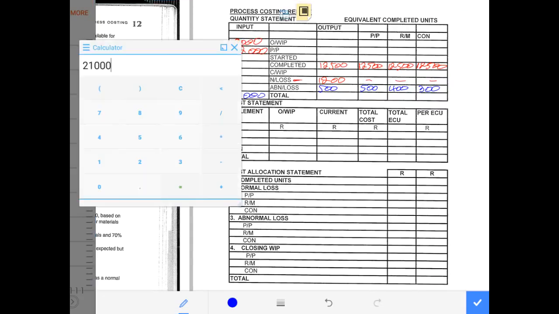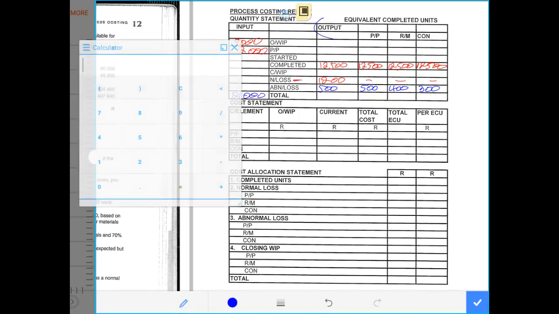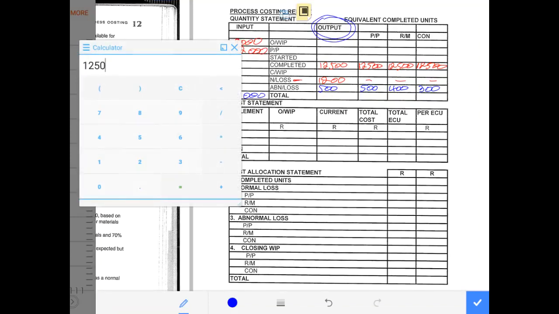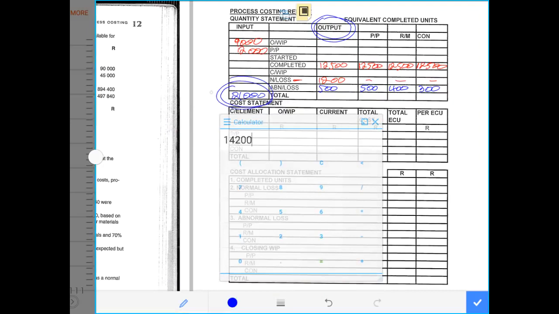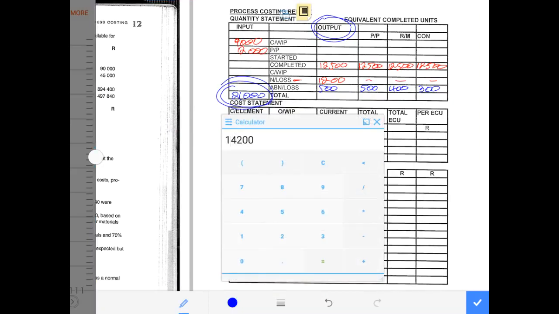Then under the output again, we have 12,500 plus 1,200 plus 500, which is abnormal loss. That gives us 14,200, and the total units that we had was 21,000. Here's 21,000, but we see now the only total under the output is 14,200.